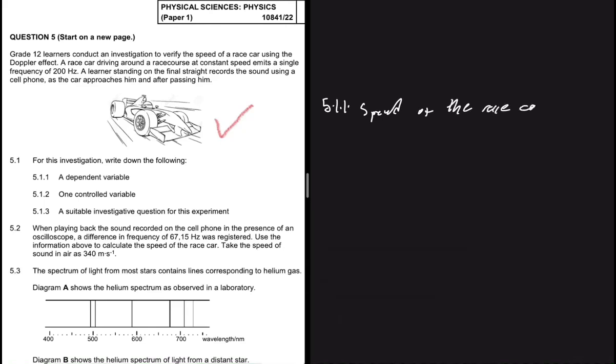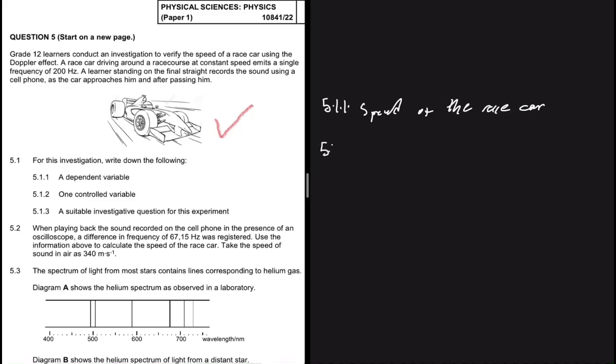So let's continue reading and see if we can extract the control variable and the suitable investigative question for this experiment. A race car driving around a race course at a constant speed emits a single frequency of 200 Hz. A learner records the sound using a cell phone as the car approaches him and after passing him. So what will we say is our control variable in this experiment?